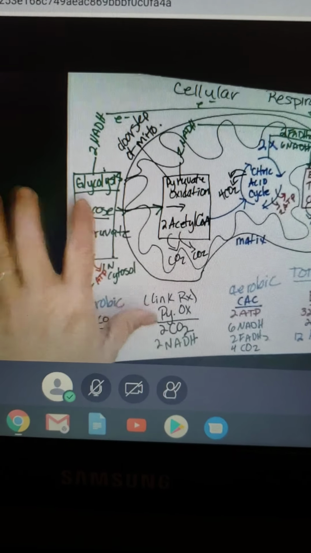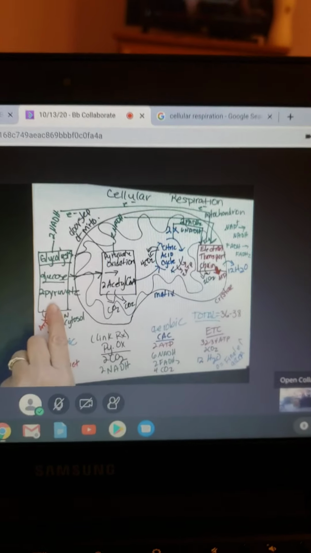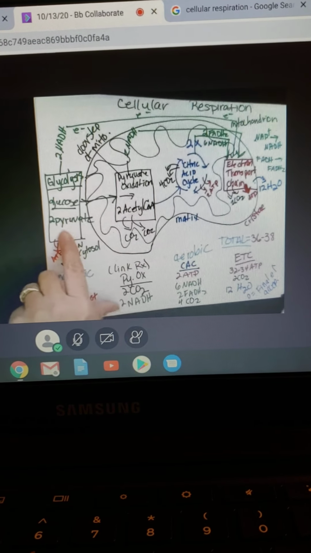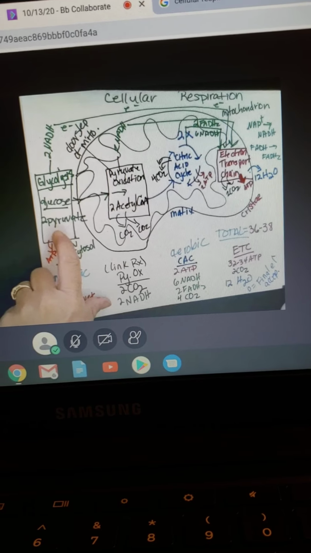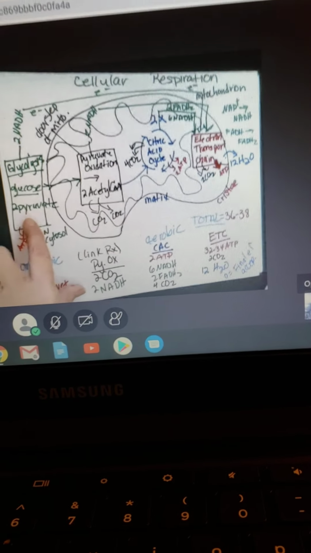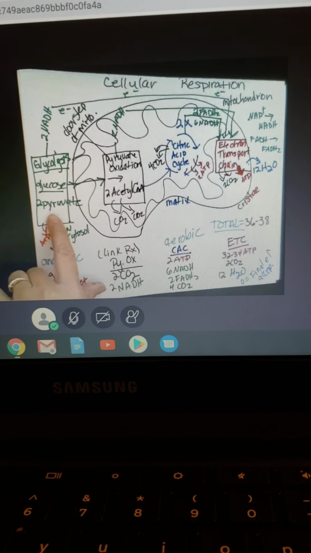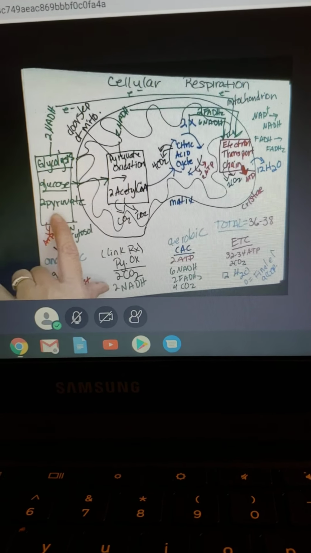We're going to break this down into 2 pyruvate. What type of reaction is that, catabolic or anabolic? This is a catabolic reaction, right? We're breaking something down. And where does this occur? In the cytosol. Good.